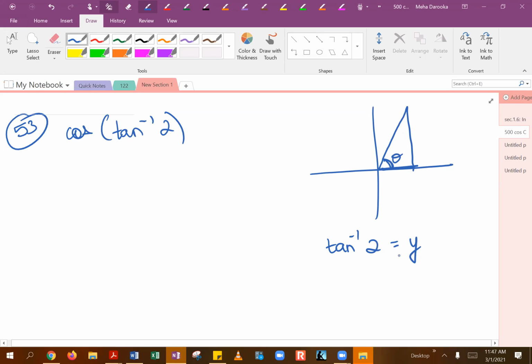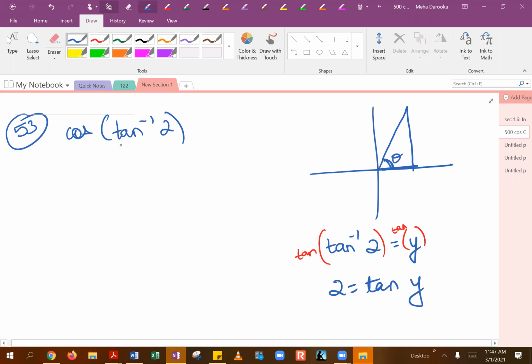So if I wanted to rewrite this, I can take tangent on both sides of my functions, and that will end up giving us 2 equals tangent of y. So we actually want to apply that, because the tangent function is what's going to help us associate with the cosine function.